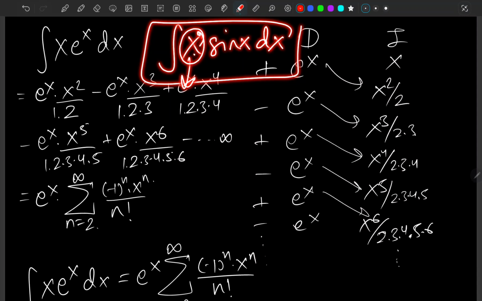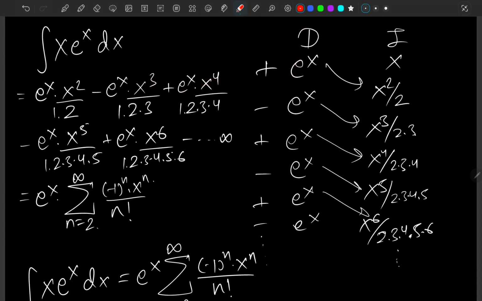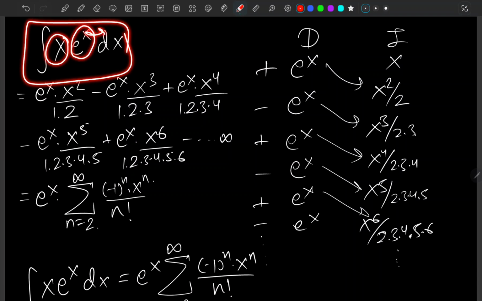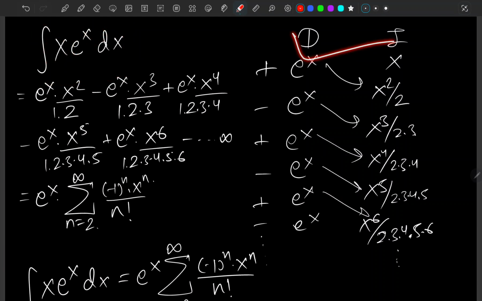Why can't I take the integration of x and rather take the derivative of sine of x? That's exactly what I thought here. Instead of taking the derivative of x, I have taken the derivative of e to the x, and I'm integrating x here. You can just see it right over here. So I'm taking the derivative of e to the x and integrating x.